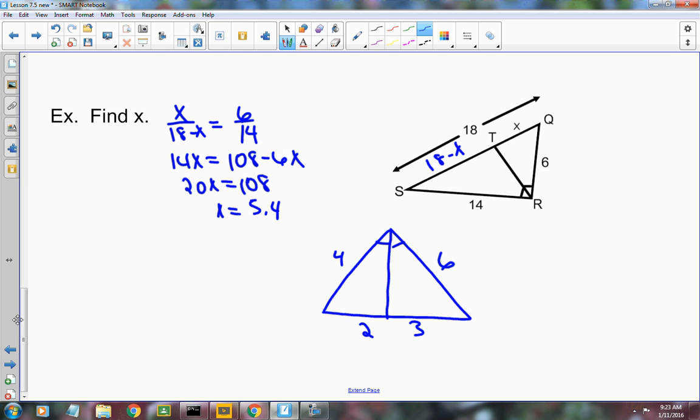Or if you compare the opposite side to the adjacent side, that's 2 to 4 and 3 to 6. That's a ratio of 1 to 2. They're still the same, correct? Either way you look at it, all right? So you can do opposite side to opposite side, adjacent side to adjacent side, okay? Or you can do opposite to adjacent, okay?